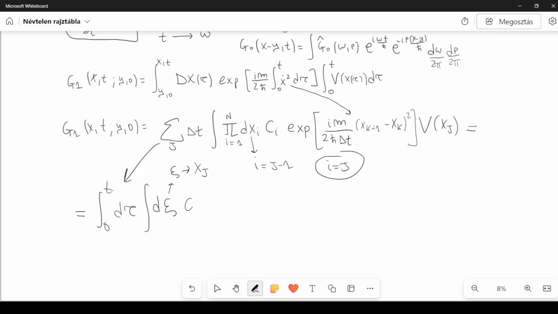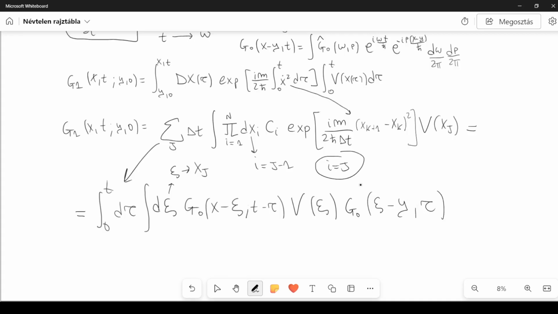And we can write g sub 0 of x minus xi, t minus tau, v of xi, and then we have g sub 0 of xi minus y, tau. And now let me explain a little bit more.